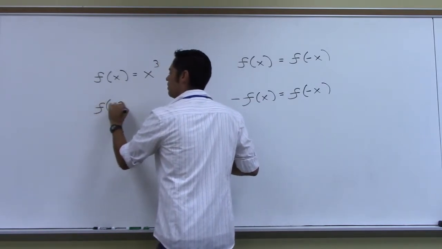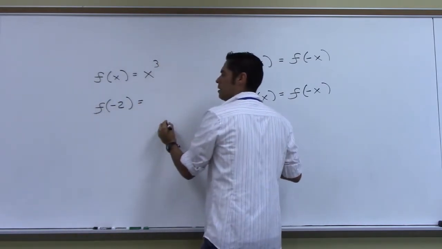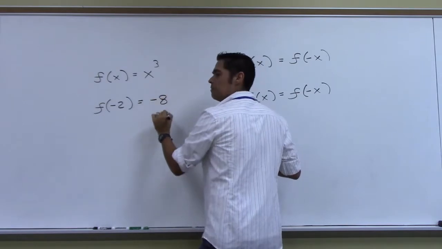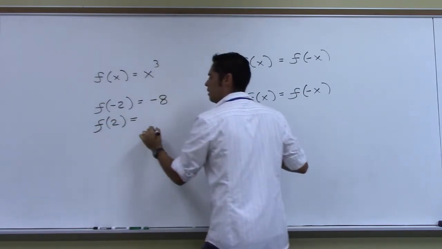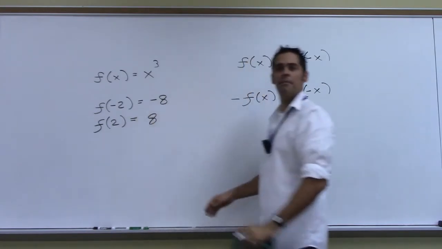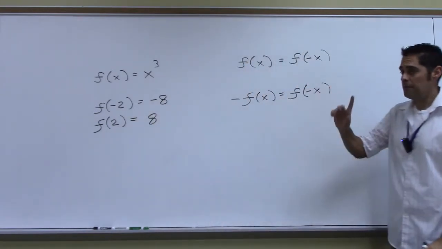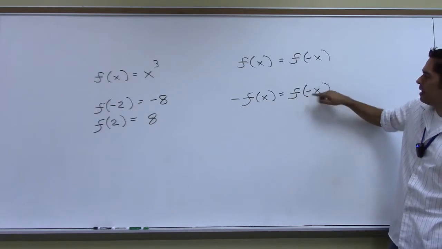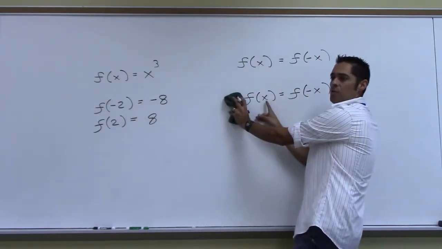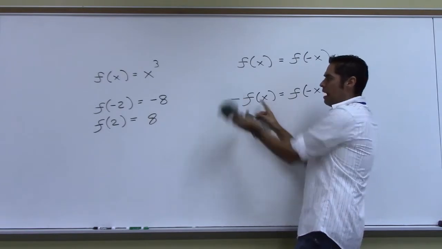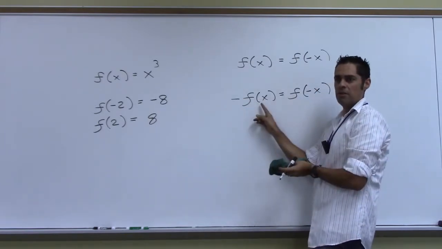I plug in -2, what do I get? -8, right? What if I plug in +2? What do I get? 8. They aren't the same, right? What I get when I plug in a negative number, -2, is not the same as plugging in 2, is it? It's the opposite of what I get when I plug in 2.